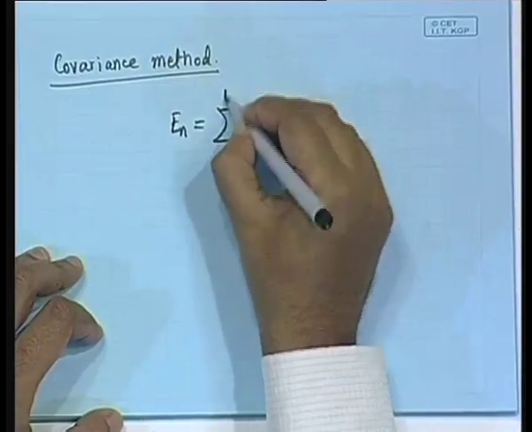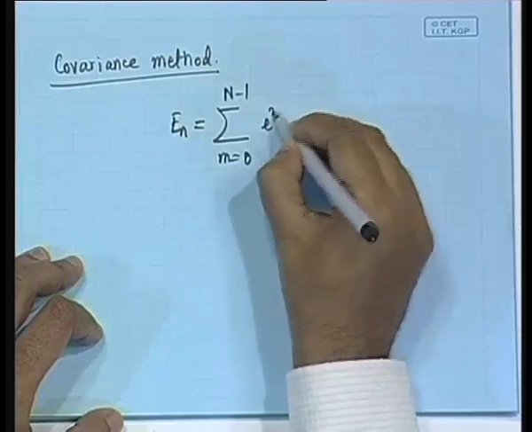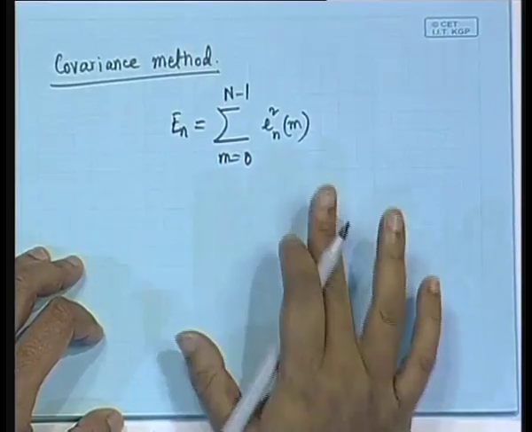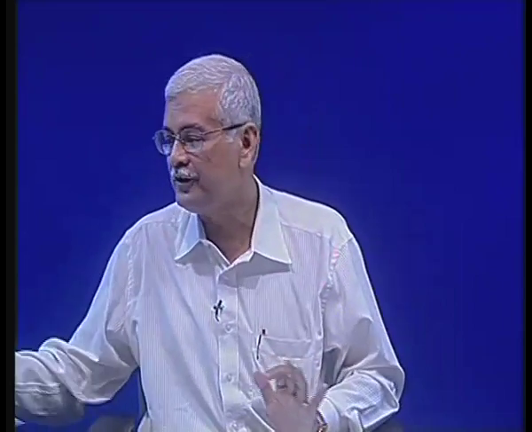Now we are going to do something very similar over here. So what we are going to do is that we will now define our En, that is to say the error, to be the summation m equal to 0 to n minus 1 of E square n m. Now this is very interesting. That means we want that for all these n samples the error signals must be computable, right. So this is different from our error definition that we had used last time.